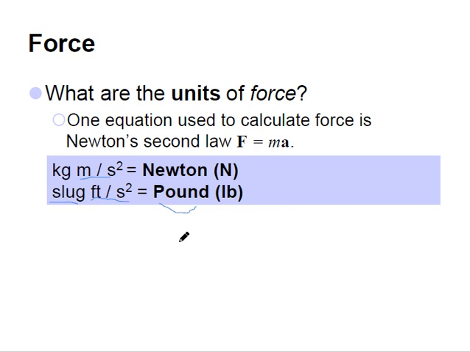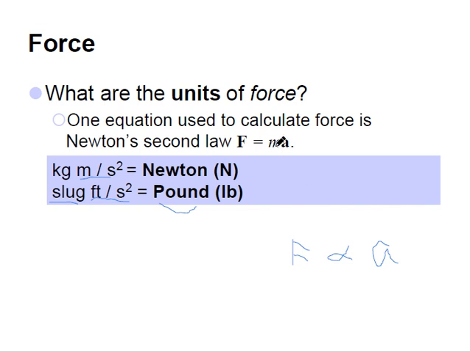So these units reflect how your force is proportional to mass and acceleration. If we change it into proportionality, your force is directly proportional to acceleration, meaning when your acceleration increases, your force is bigger. When acceleration decreases, your force is smaller.